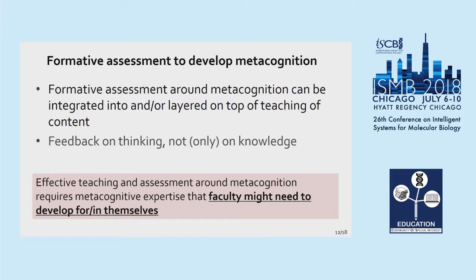It can be put on top of the teaching of content. In this case, the feedback becomes feedback on thinking and not only on knowledge. So I want to reinforce the idea that faculty might need to develop metacognition for and in themselves.